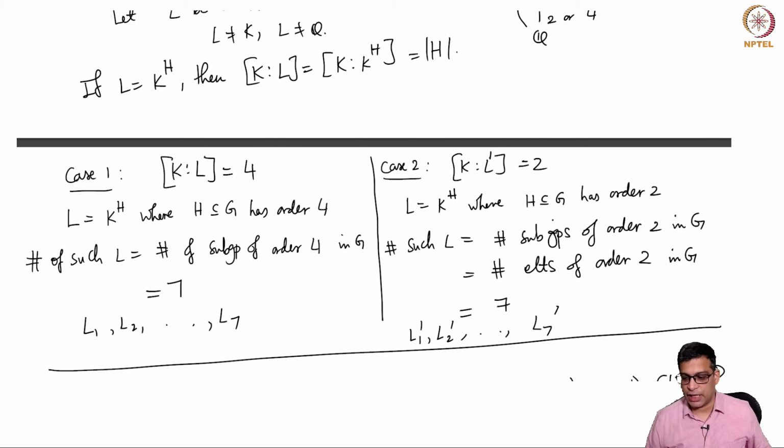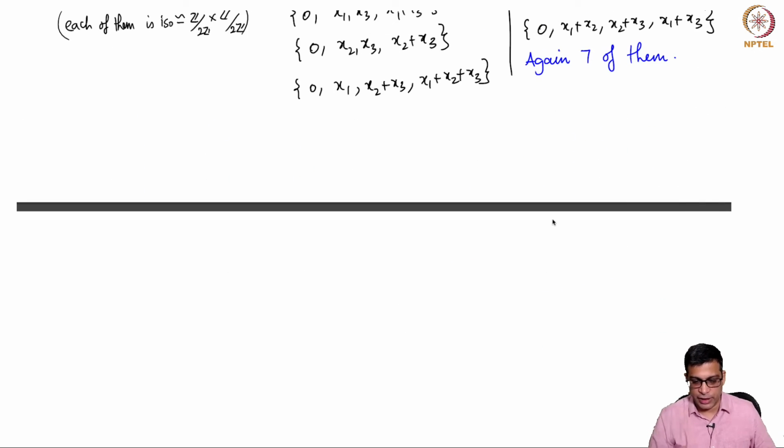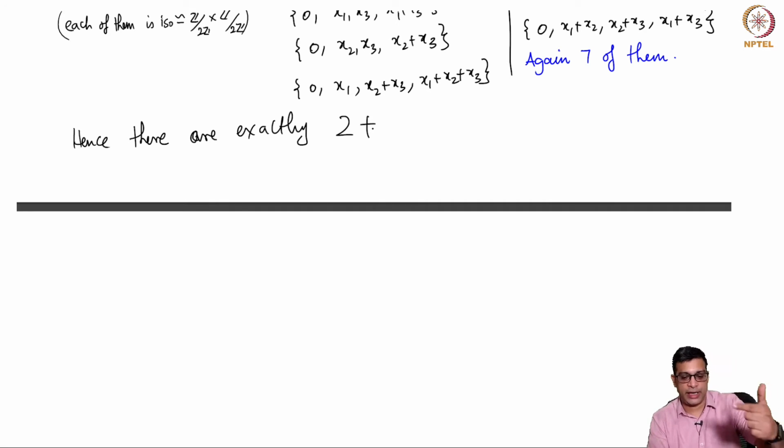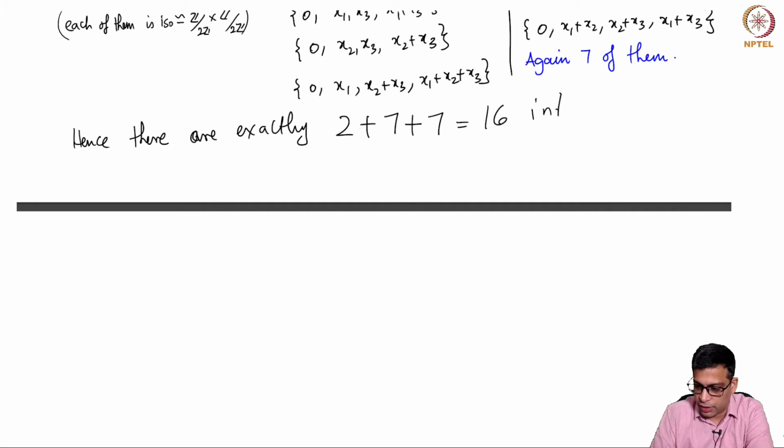Okay, so these are all the intermediate fields. So let's agree now that there are exactly two trivial ones, K and Q, 7 in the first case, 7 in the second case. So there are 16 intermediate fields.